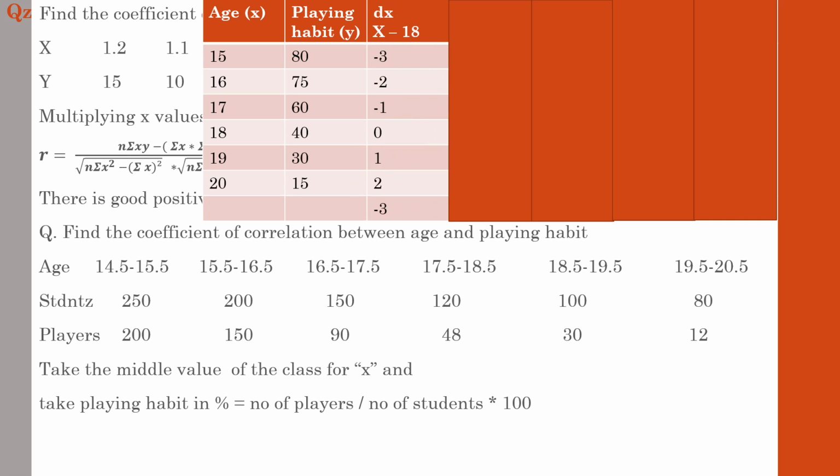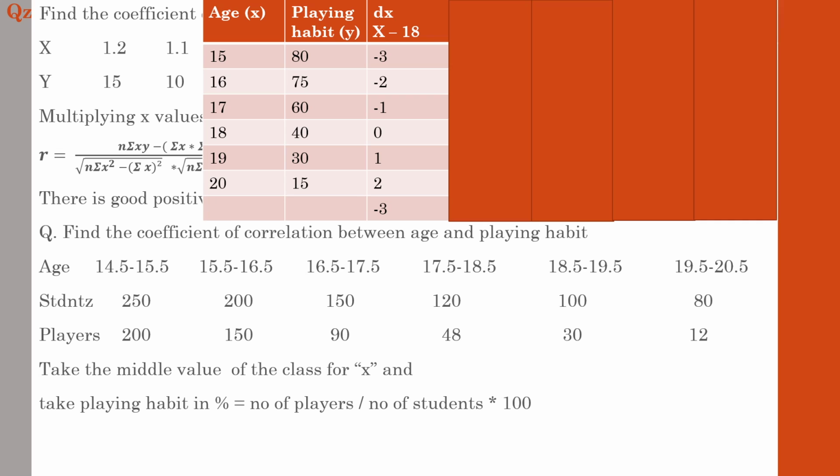So for the time being, let us again stick on to dx, or the deviations on the base of assumed mean situation, because in the question there is no specification regarding which case has to be followed. So let us go with assumed mean. Assumed mean means if you take the mean of this one, you will get a value closer to this value.